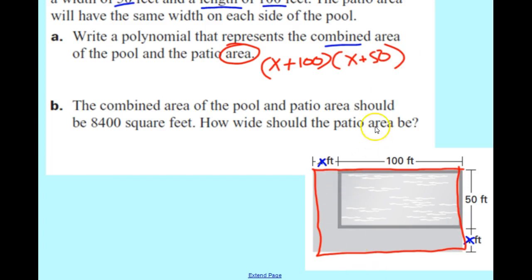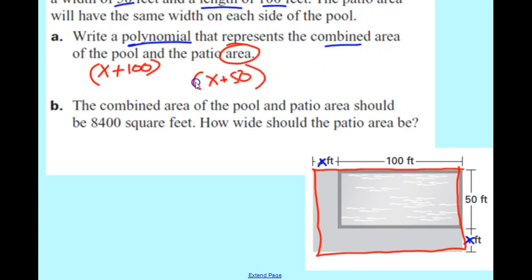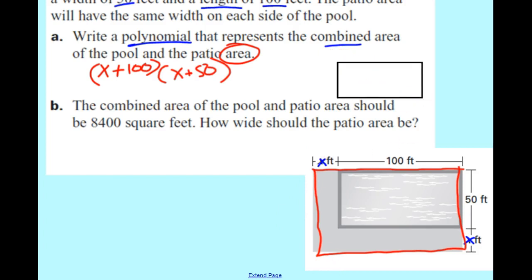So we need to draw a box to multiply and write a polynomial. So we're going backwards. We're going back to lesson 9.4 for a minute. And we're going to draw our box so we can multiply this. We have x plus 100, x plus 50, and we're going to multiply. X times x is x squared.